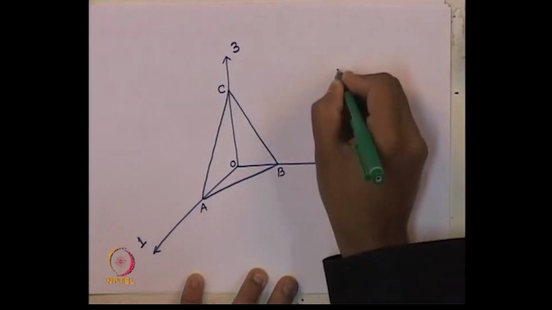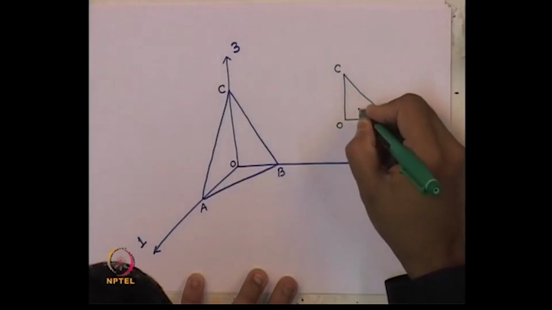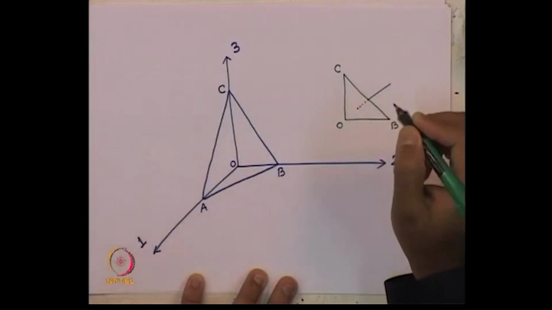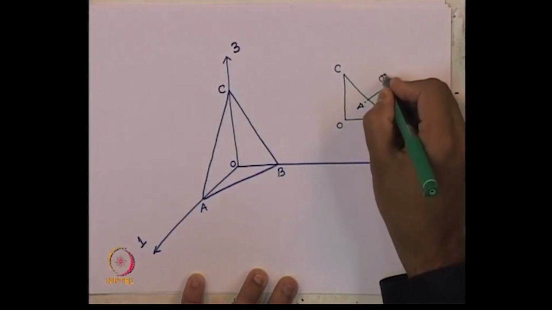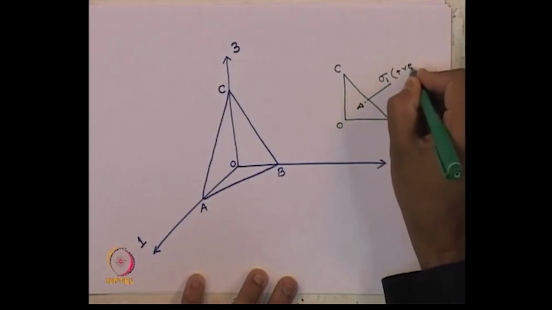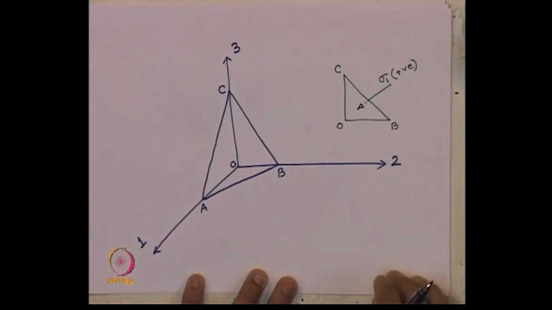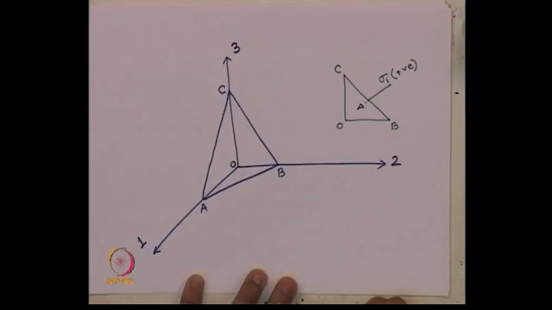O, B, C on this plane, let us say we have normal stress sigma 1, and this is the direction of positive we are considering, compression positive. So, sigma 1 is what? The principal stress in direction 1 acting on this plane. Okay?